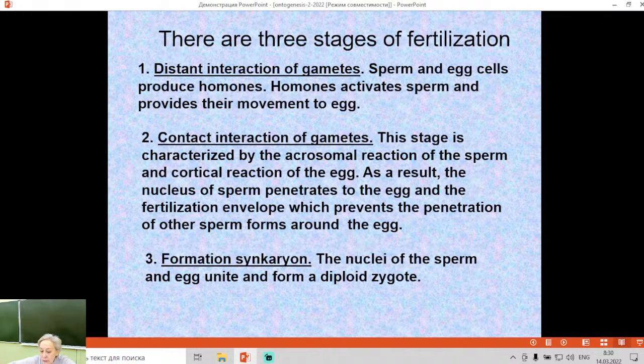As a result, the nucleus of the sperm penetrates into the egg and the fertilization envelope, which prevents the penetration of other sperm, forms around the egg. And the third stage, formation of syncaryon. The nuclei of the sperm and egg unite and form a diploid zygote.